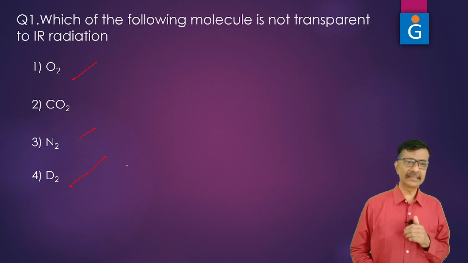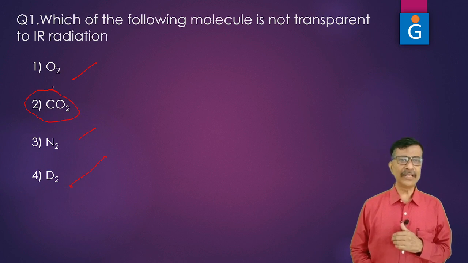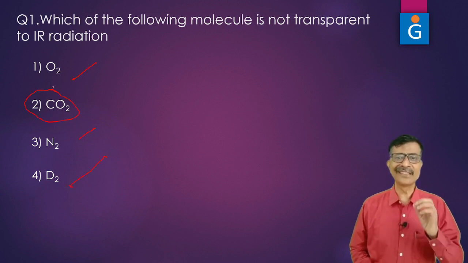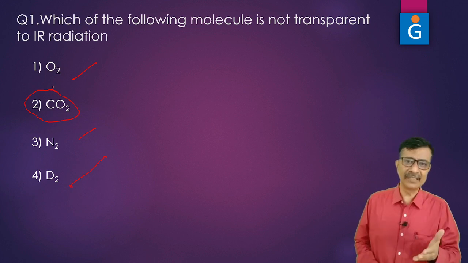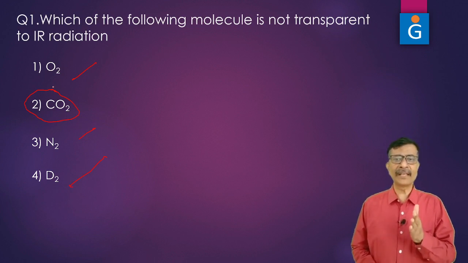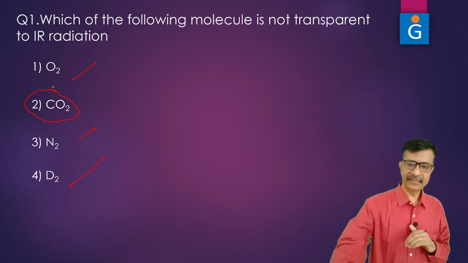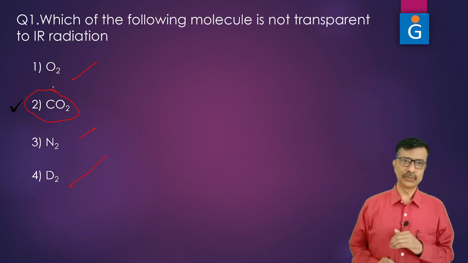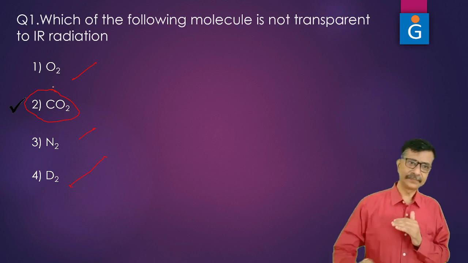Whereas this, look at this, carbon dioxide, it is not a symmetric diatomic molecule. So, which of the following molecule is not transparent to IR radiation? In other words, which of the following molecule absorbs the IR radiation? The answer is CO2, because it is not transparent.